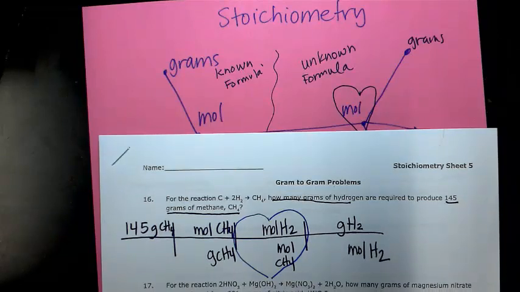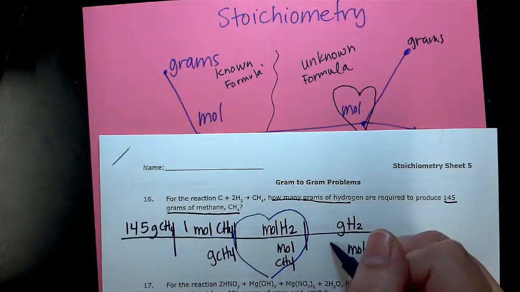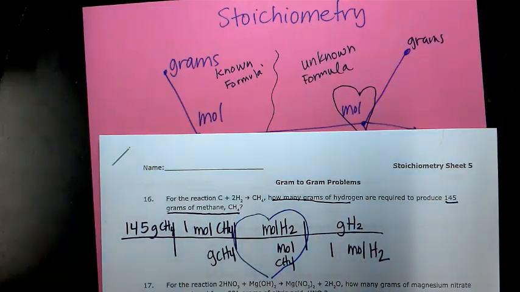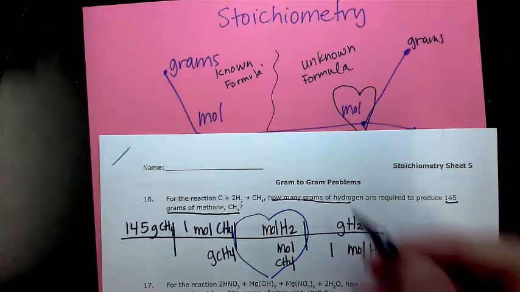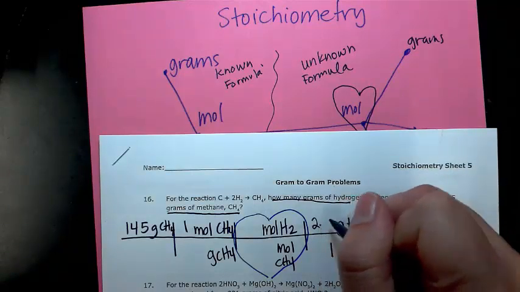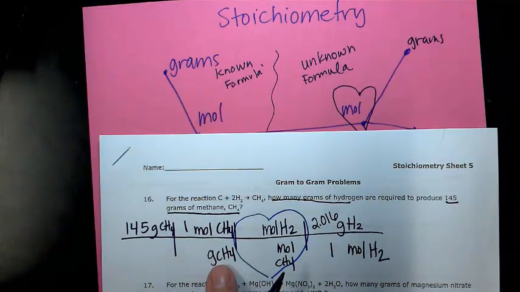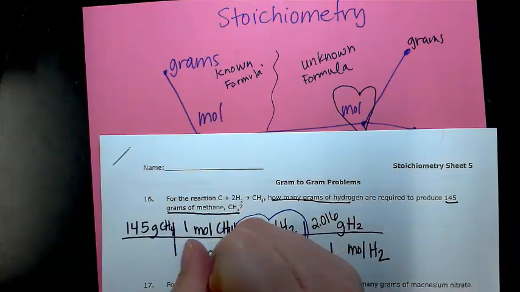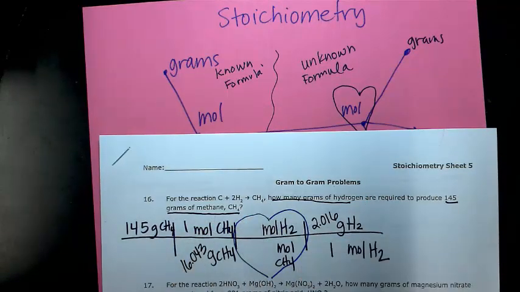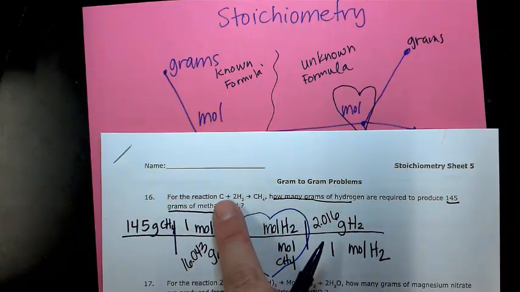Remember, if it's not in the heart and it's a mole, it's going to be a 1. If it's not your given and it's a gram, it's your molar mass. So for hydrogen, it's 2.016. And for methane, it's 16.043.